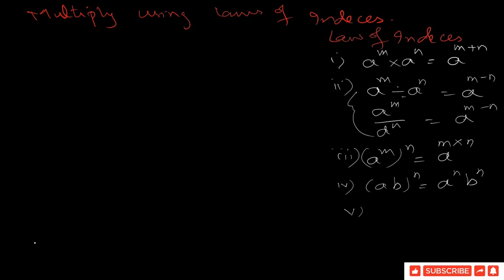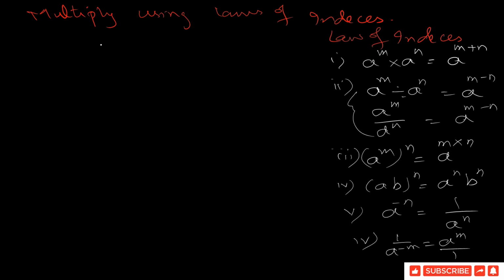This one is a power negative n means 1 upon a power n. And the sixth one, 1 upon a power negative m means a power m in the numerator, or you can say m over 1. So these all must be remembered when we are solving all other multiplication sums.